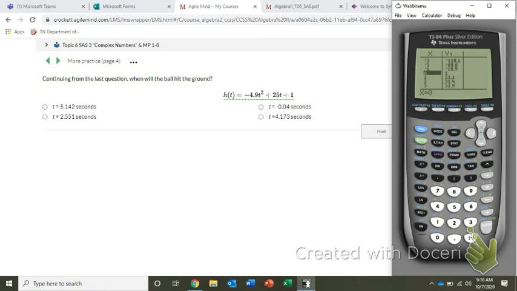All right, we have to look for when the table's going to be too hard to see. When y is 0.